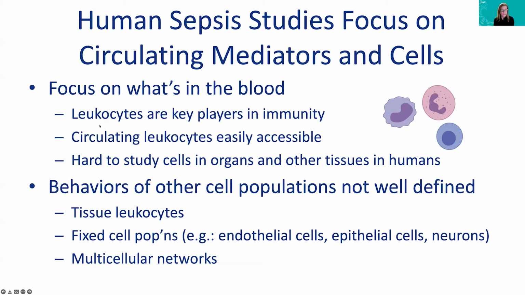But it has led to somewhat of a leukocentric focus, and there are fundamental gaps in knowledge about how other cells, including leukocytes in tissues, neurons, epithelial cells, and the star of this talk, endothelial cells, contribute to sepsis pathophysiology.